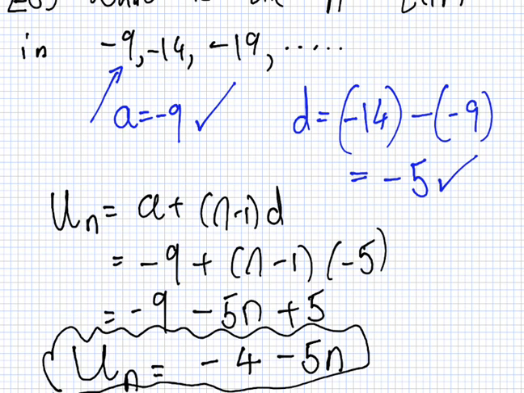If you put n equals 1, you get minus 9. If you put n equals 2, you get minus 14. If you put n equals 3, you get minus 19. Which are the 3 numbers that they should be. So you've made a formula to find any term. You can find the nth term with this formula for this example. Okay? And you sometimes get this in the exam. It's not so long to do. Let's look at a more difficult one.